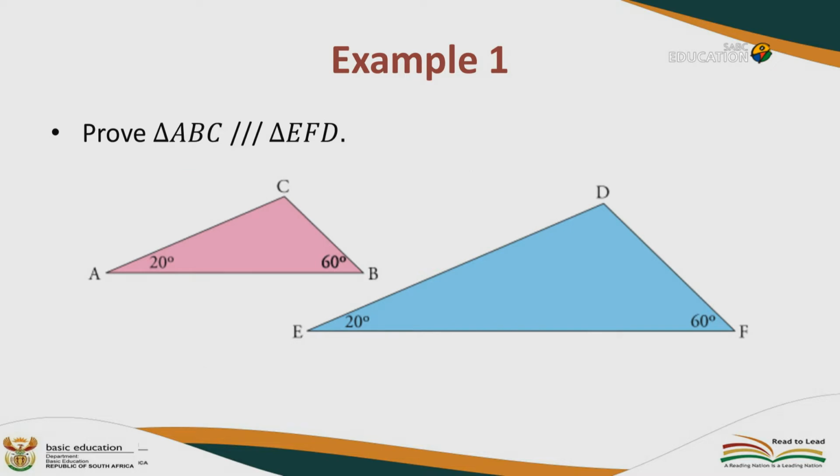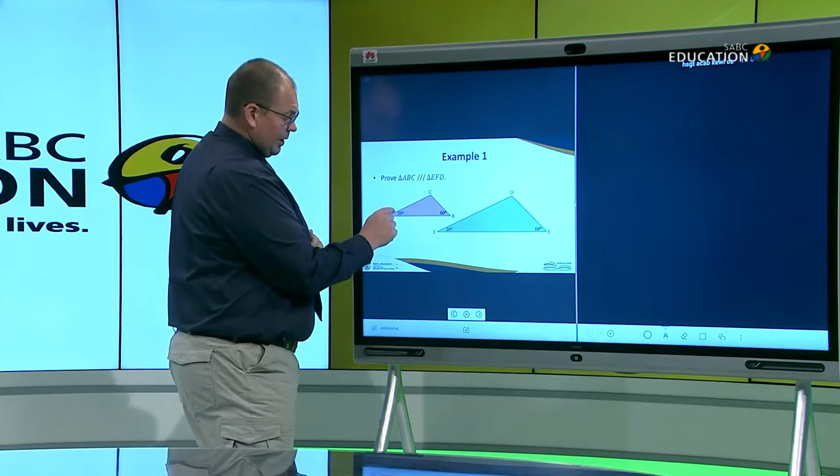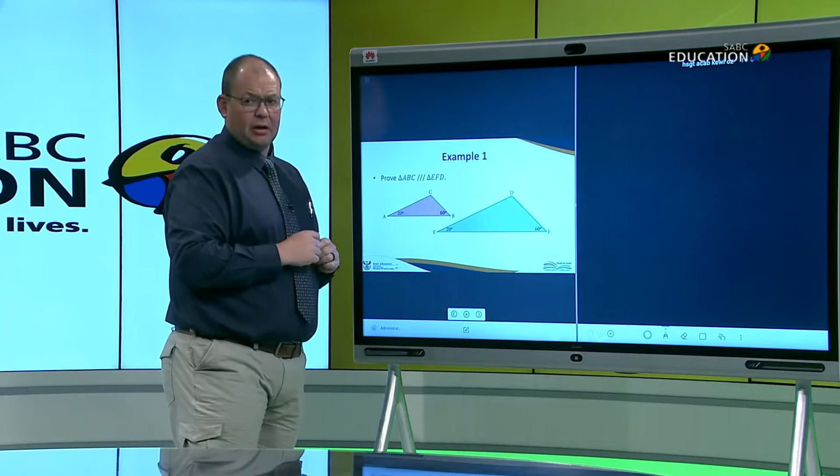So, if you look at example 1, they ask us to prove that triangle ABC is similar to triangle EFD. So obviously, the first thing that you will have to notice is to see, are we working with the sides or are we working with the angles that are given? So then you will look and you will see that I've got an angle, and then the third angle is left out.